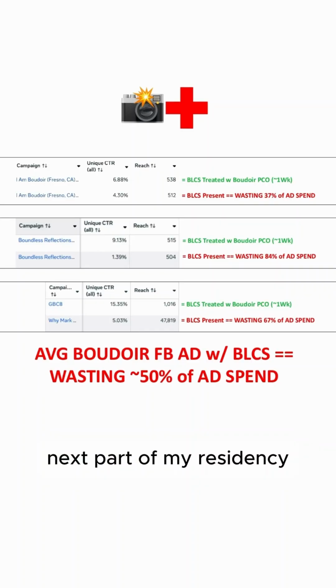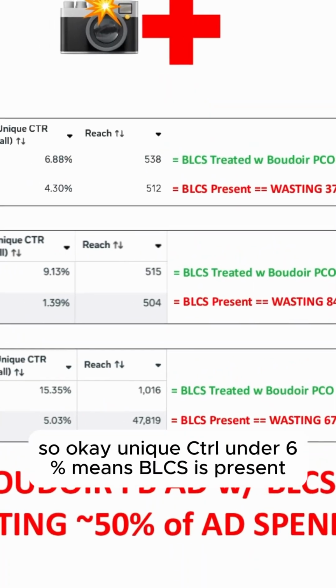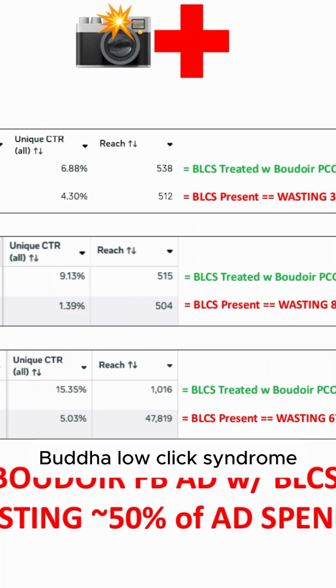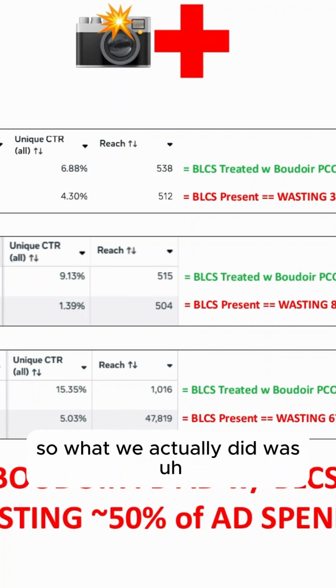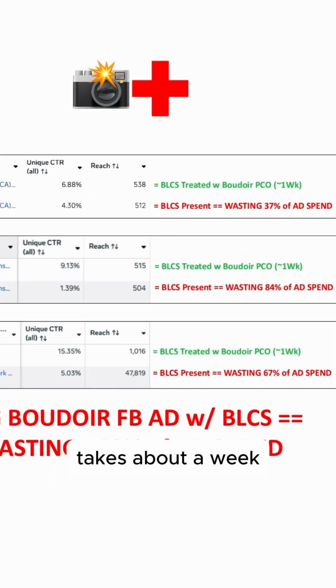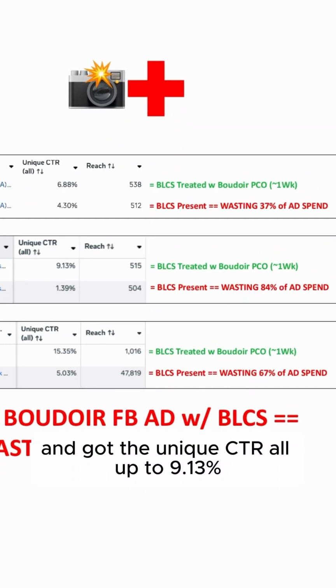Next, part of my residency, I found a second one, tested it, found its unique CTR all was 1.39%. So, unique CTR all under 6% means BLCS is present. We treated this one with Boudoir Pico as well, takes about a week, and got the unique CTR all up to 9.13%.